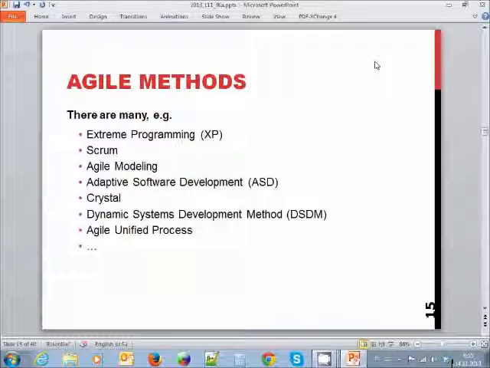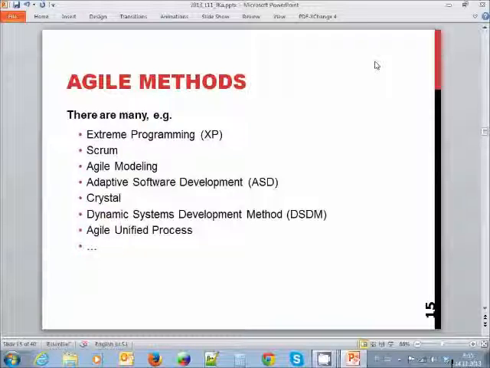Most of the people probably have heard about extreme programming or Scrum approaches. But there's a wealth of more: agile modeling, adaptive software development, Crystal, dynamic systems development model, agile unified process. There's hundreds of them, but those are ones that are at least somewhat used and usually associated with agile approaches.